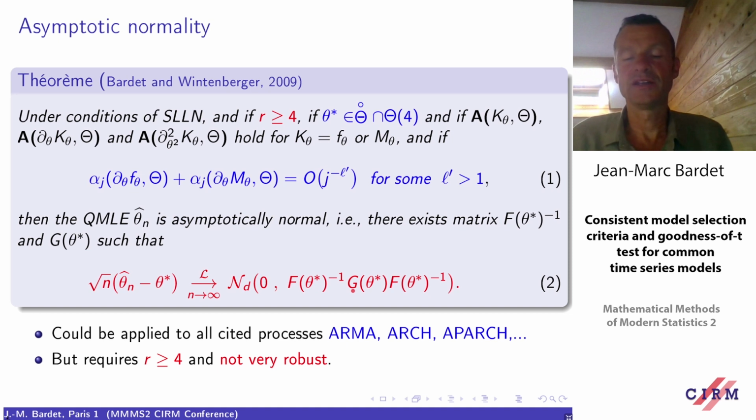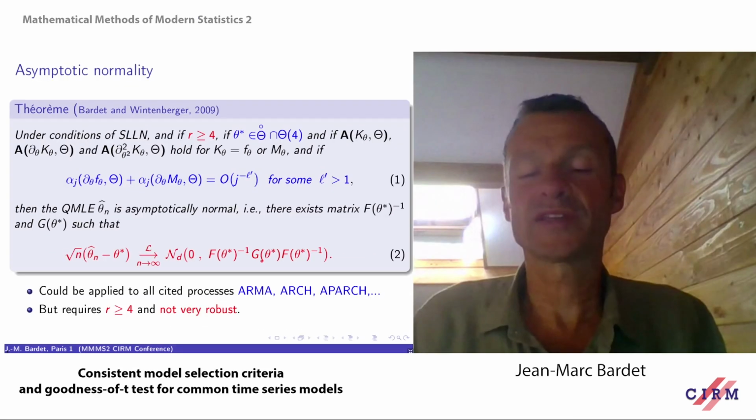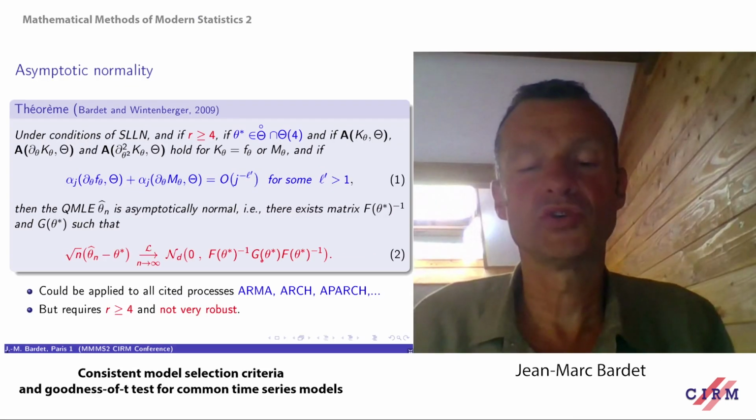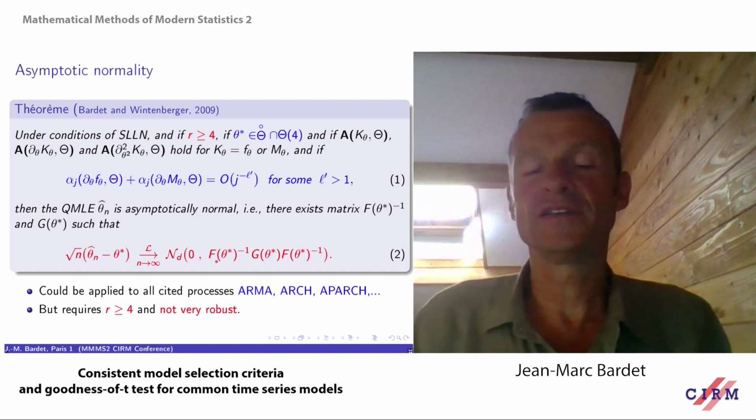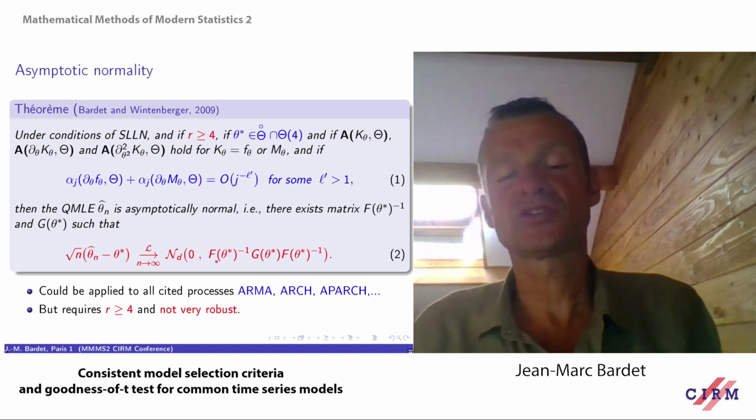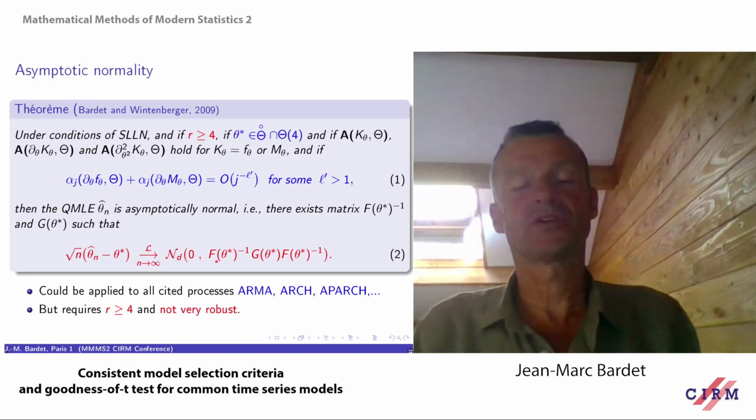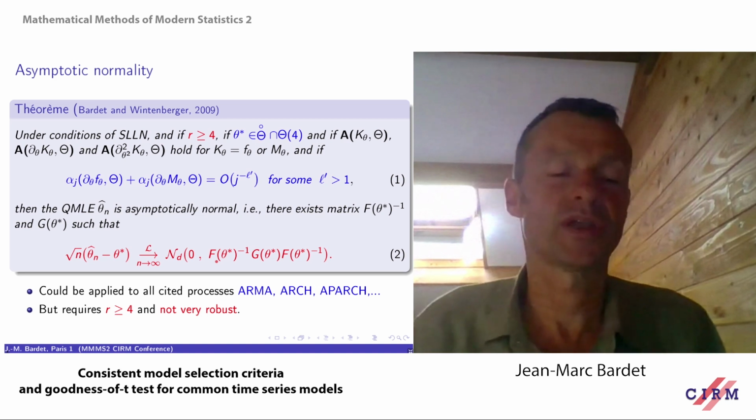G is the expectation of the square of the first derivatives of Q, and F is the expectation of the second derivatives of Q.